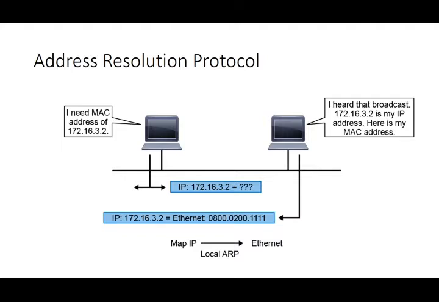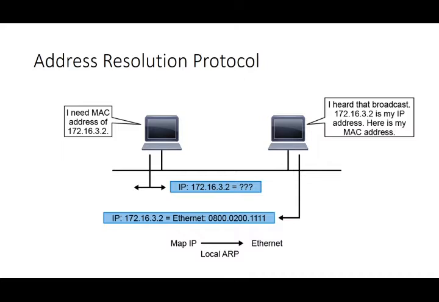That broadcast MAC address is going to be all Fs, so it would be ffff.ffff.ffff. In a layer 2 header, we are also going to have a source MAC address, and that is going to be the address of the device that is sending the frame out.